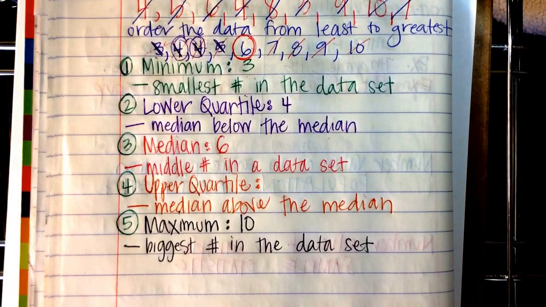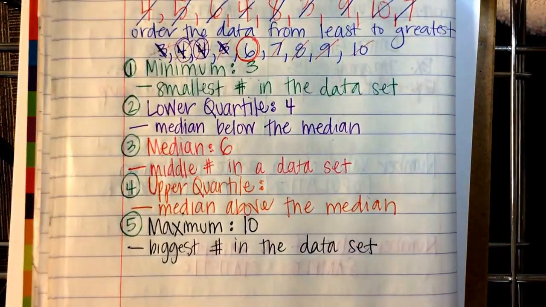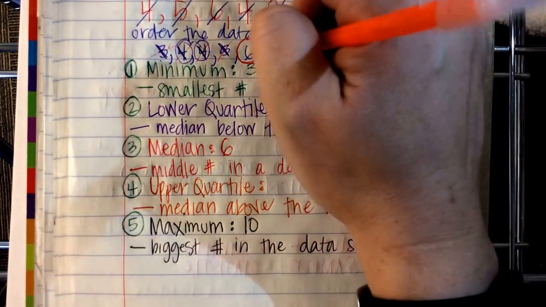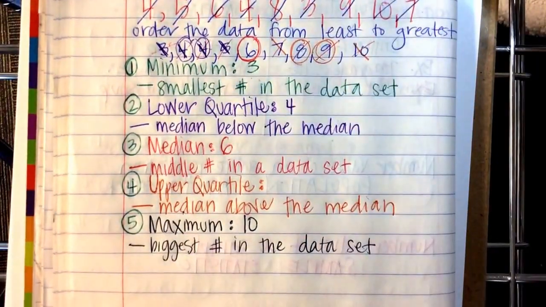So what data am I working with in the upper quartile? What's my sample size? 8, 9, and 10. My median is 6. So my sample is 7, 8, 9, and 10. So I'm going to find the middle, cross them out, and I'm left with 8 and 9.